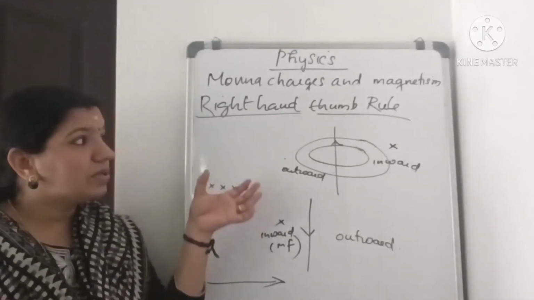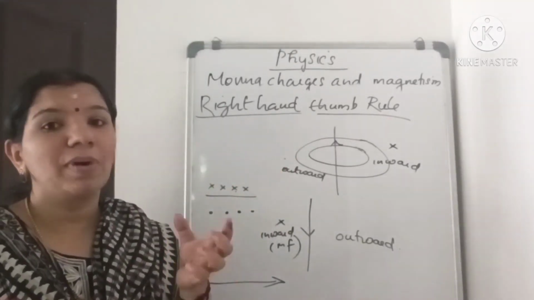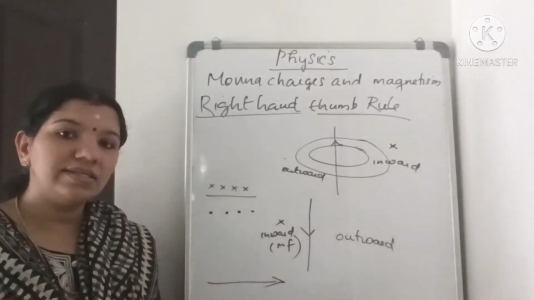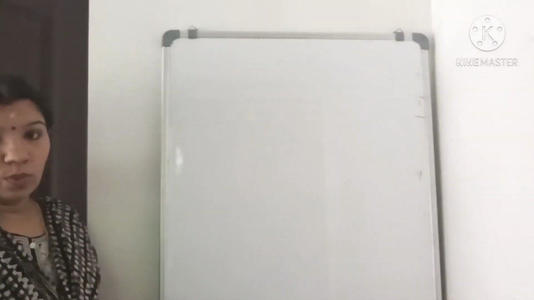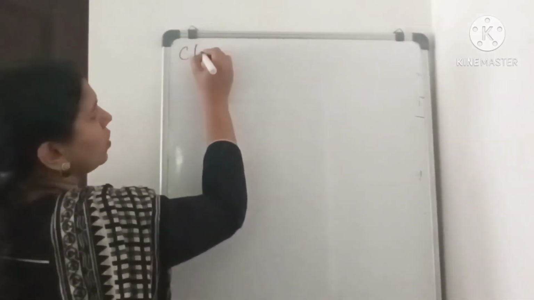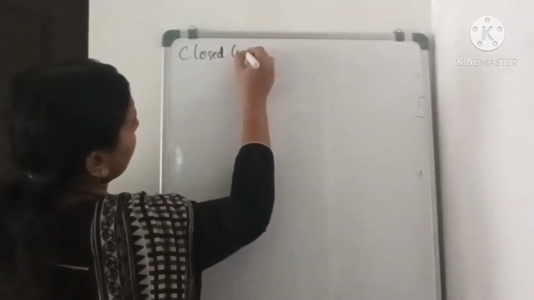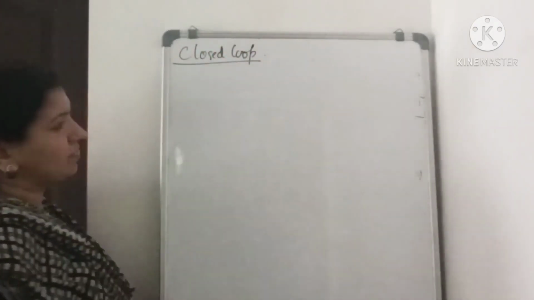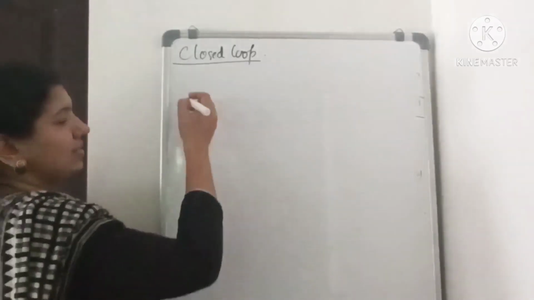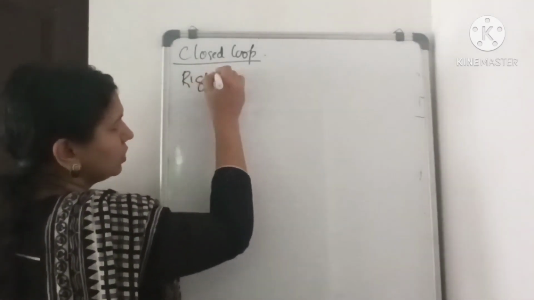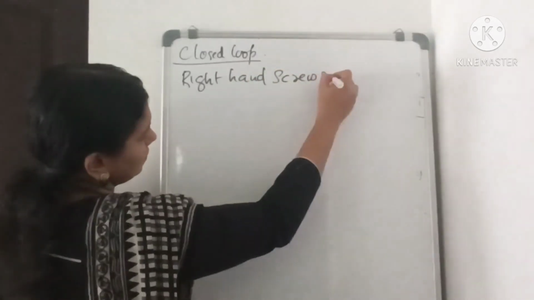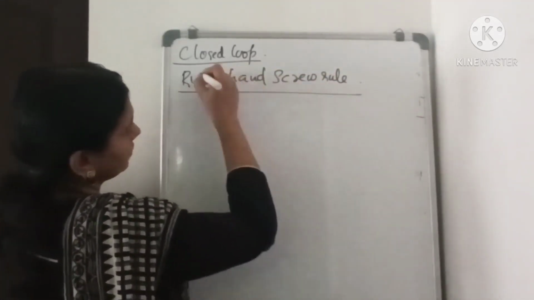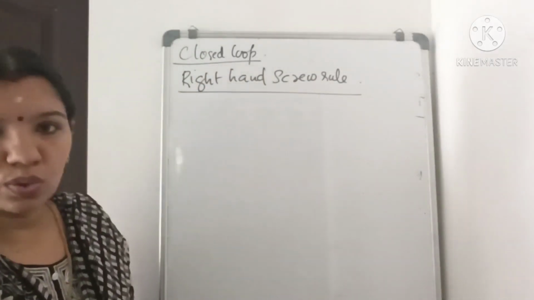So this rule is mainly to find the direction of magnetic field around a straight wire or straight current carrying conductor. Now the second case is for a closed loop carrying current. In such a case, we will use another rule known as the right hand screw rule.